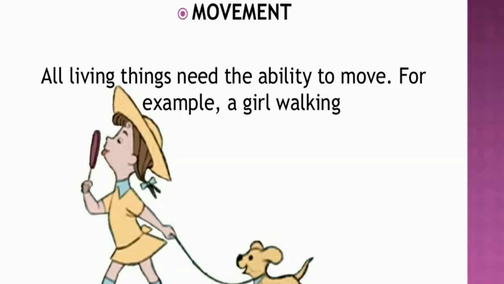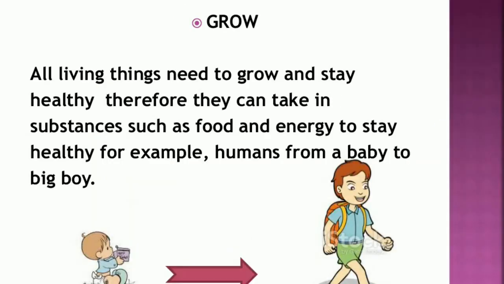Okay, now next. Grow. All living things need to grow and stay healthy. Therefore, they take in substances such as food and energy to stay healthy. For example, humans grow from a baby to a big boy. Here we can see an example of a human.